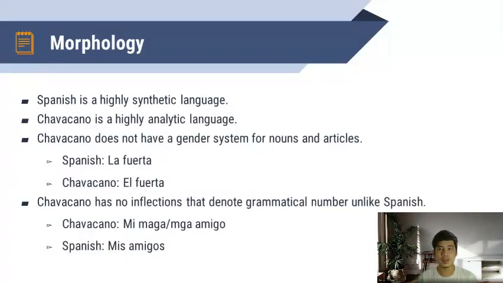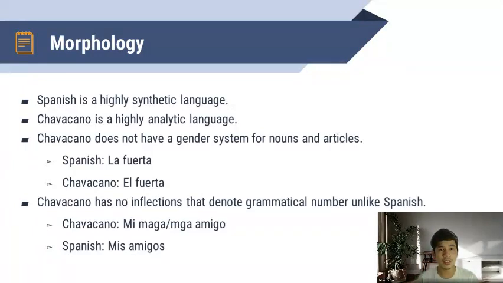So basically here we can say that the inflectional morphology of Spanish is similar to English. In English, we add S or ES to pluralize the nouns. In Spanish, the suffix S is also added to pluralize the nouns. Okay, so that's it.